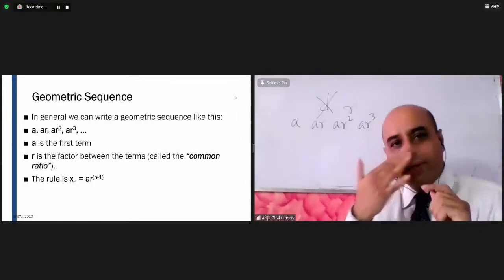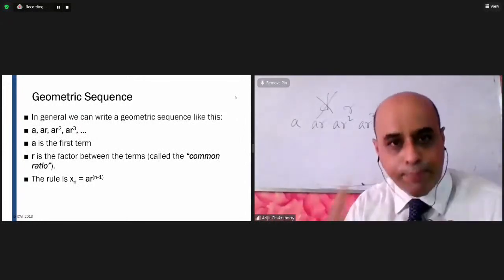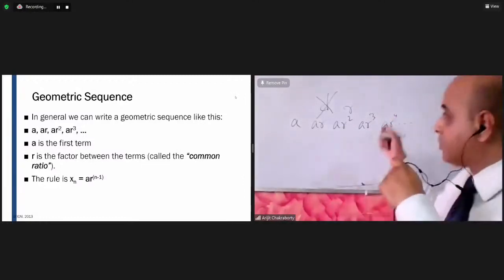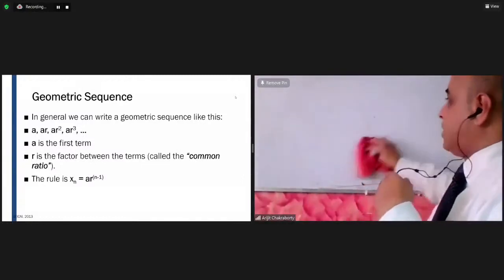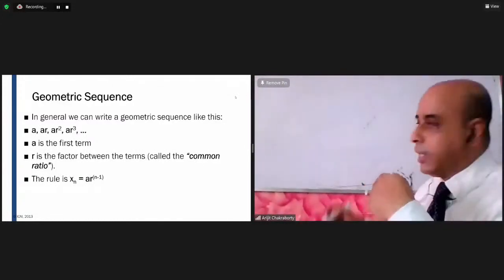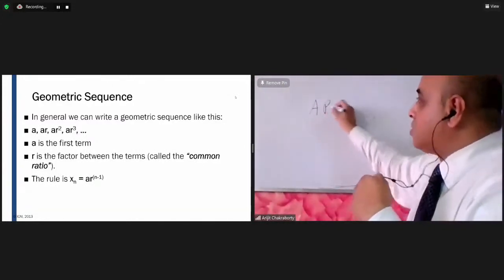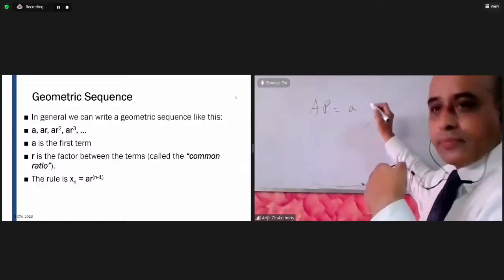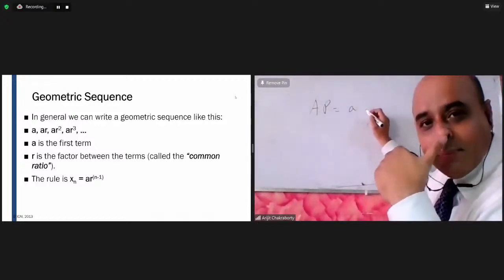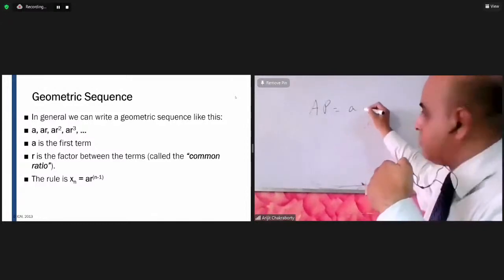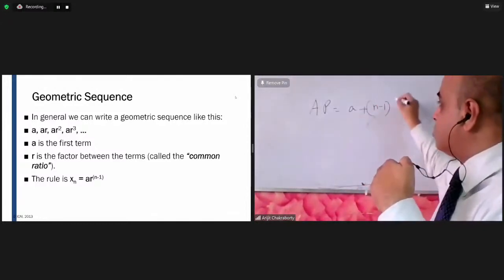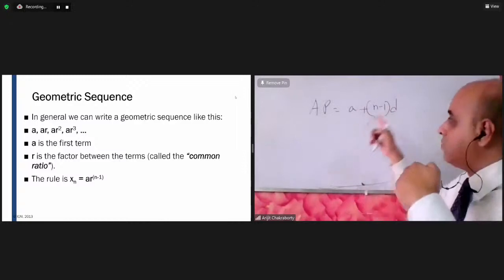Like we saw in the case of arithmetic progression, let us write once again, a quick recap. The nth term in case of AP was A, the first term, plus n minus 1 into D. This was the nth term in AP.